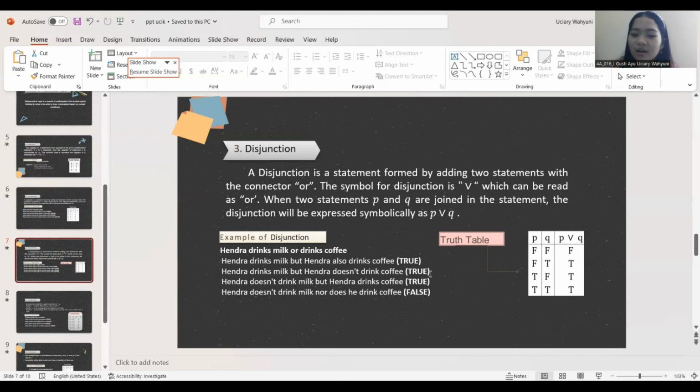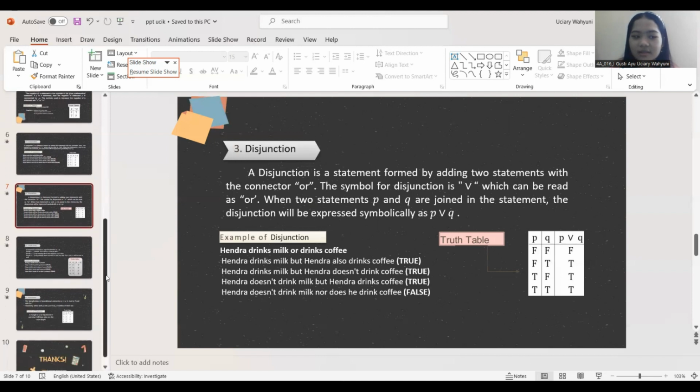The sentence is also true. Hendra doesn't drink milk, but Hendra drinks coffee. The sentence is true. Hendra doesn't drink milk, nor does he drink coffee. This sentence is false.